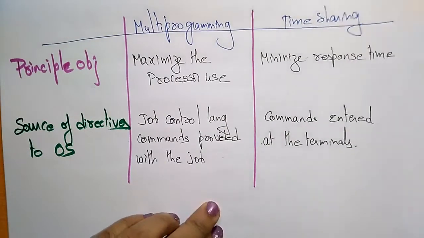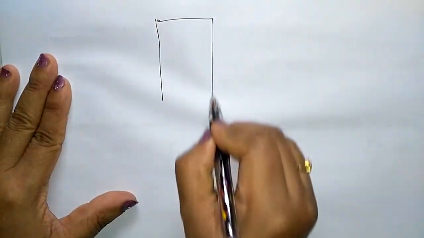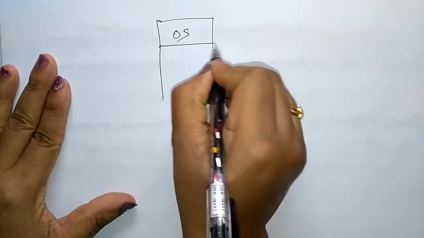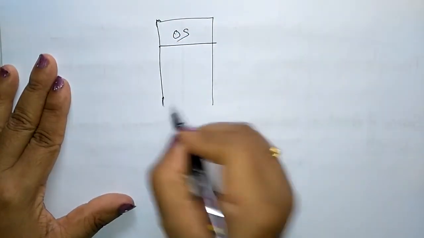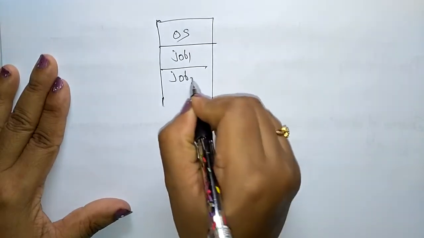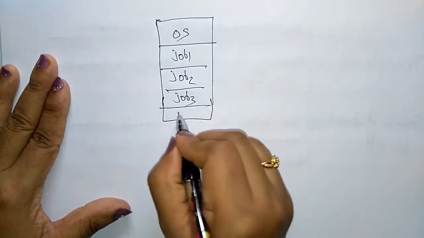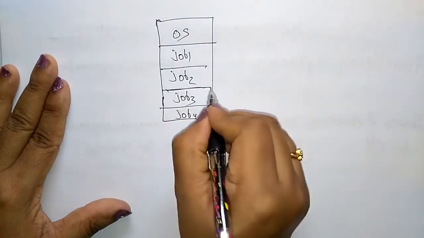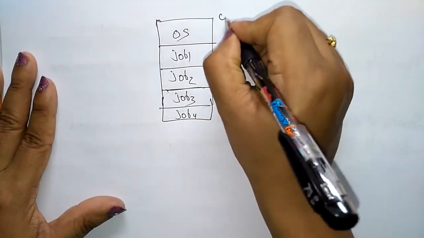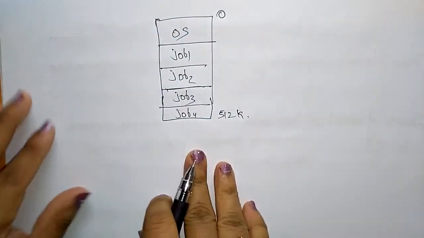Let me explain this time sharing system more clearly. Suppose you have an operating system executing a sequence of jobs: job 1, job 2, job 3, job 4. All these jobs are present in memory, occupying 0 to 512 kilobytes.